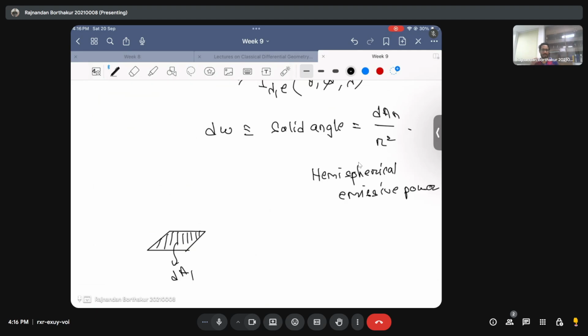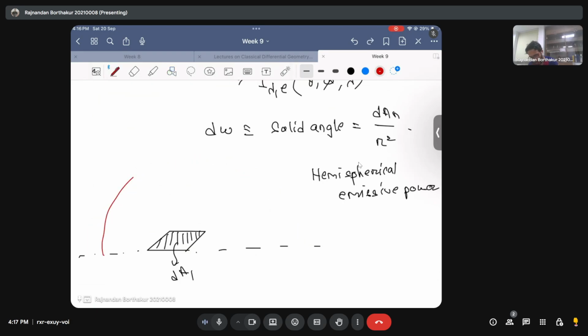It says that out of the intensity of radiation that is emitted, which is a function of direction and wavelength, what is the total radiation that is emitted in all possible directions.